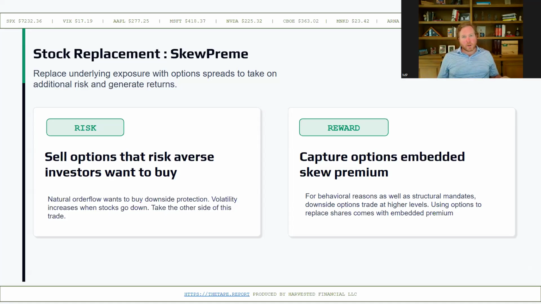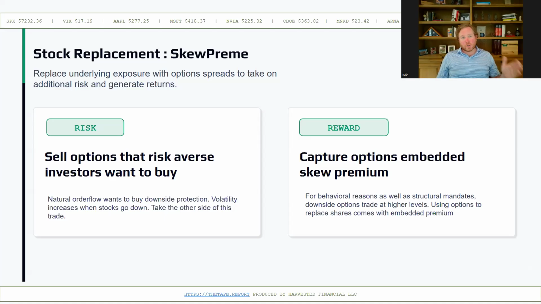To double click really quickly on what that means, within a given expiration, the relationship between the different strikes, where we have strike on the x-axis and implied volatility on the y-axis, is typically downward sloping.